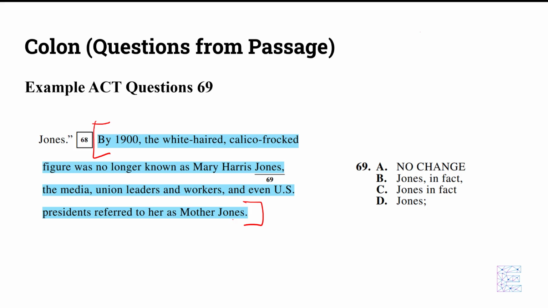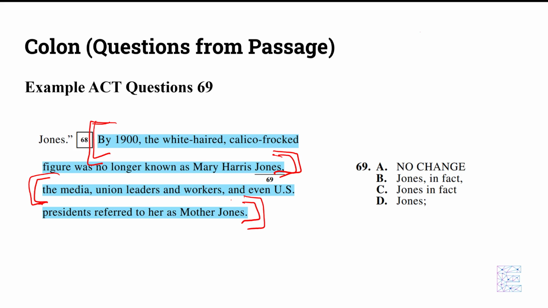This looks like more of a semicolon question, but that's okay. Let's go ahead and read it. By the 1900s, the white-haired, calico-frocked figure was no longer known as Mary Harris Jones. That first part up to here is a full sentence, isn't it? And then the second piece starts here. The media, union leaders and workers, and even U.S. presidents referred to her as Mother Jones. So we have two independent sentences and they are related, right?